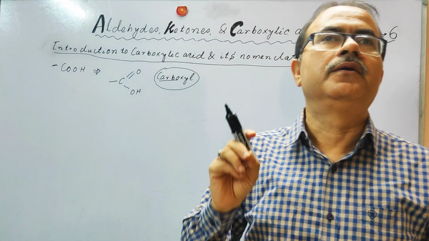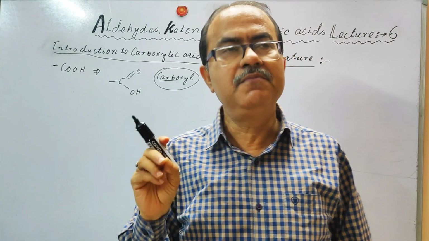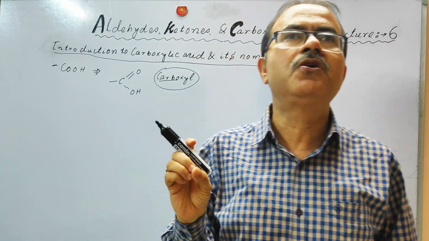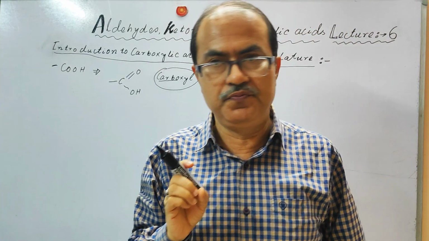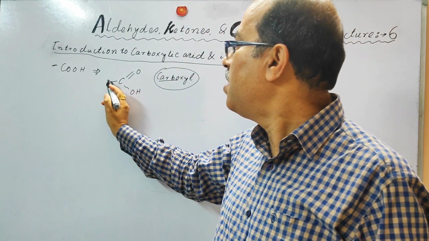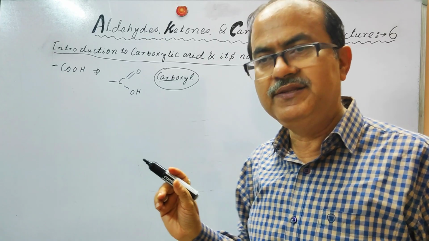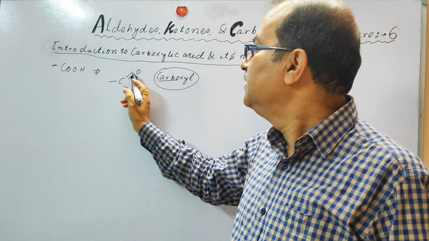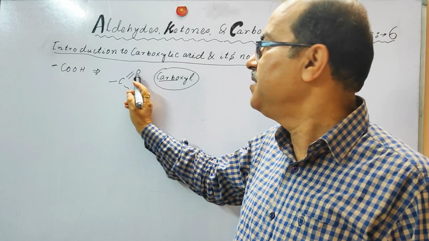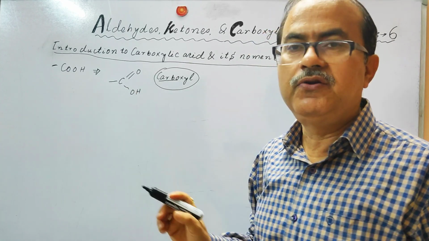So the carboxyl group is nothing but the combination of the 2 groups, that is the carbonyl group and the hydroxyl group. Now we can see carbon has 4 valency. 2 valency is occupied by oxygen and 1 valency by the hydroxyl group.